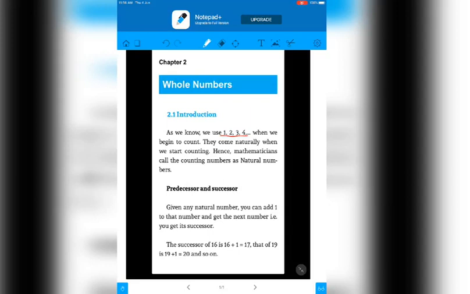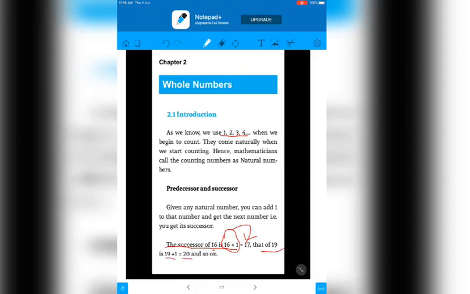For example, the successor of 16 is 16 plus 1, that is 17. So 17 is the successor of 16, because when we add 1 to any number, we get its successor. For example, the successor of 19 is 20, because we added 1 to this number. I hope you understand it.